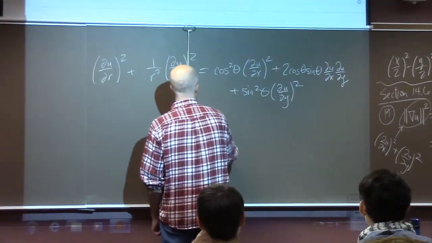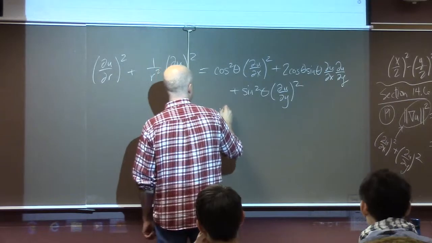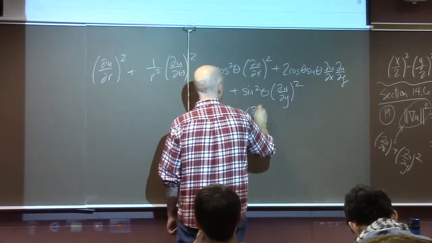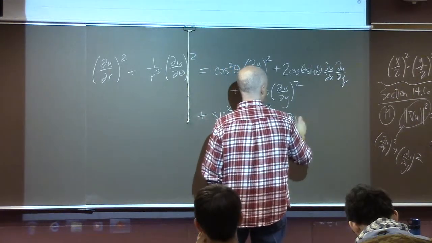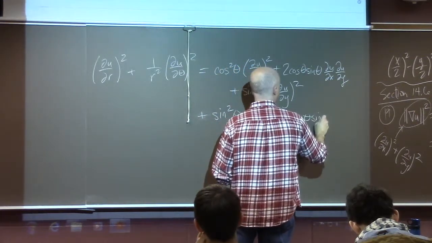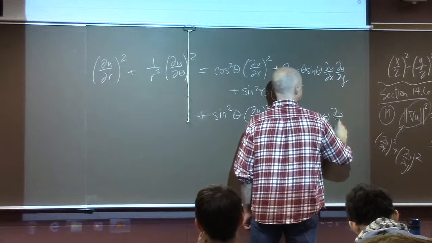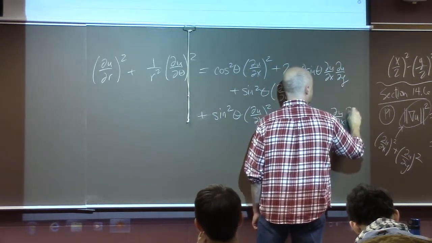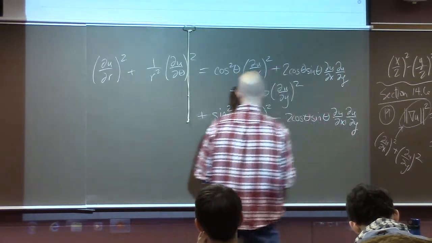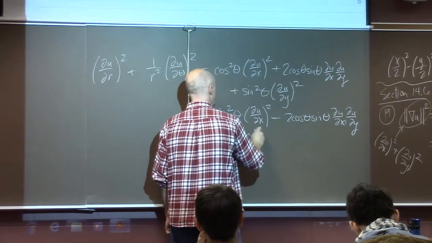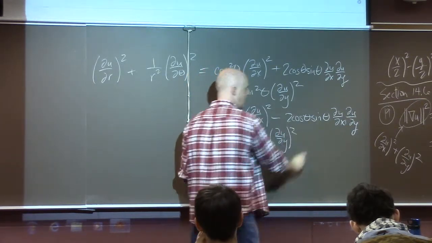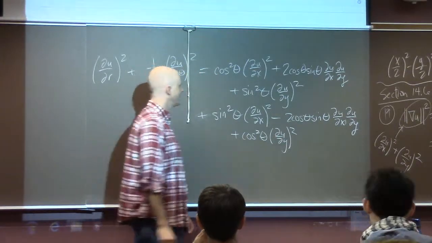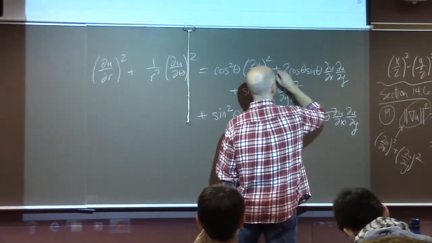You end up getting plus sine squared theta du dx squared minus 2 cos theta sine theta du dx du dy plus cos squared theta du dy squared. And I hope you can see where this is going. That cancels with this.